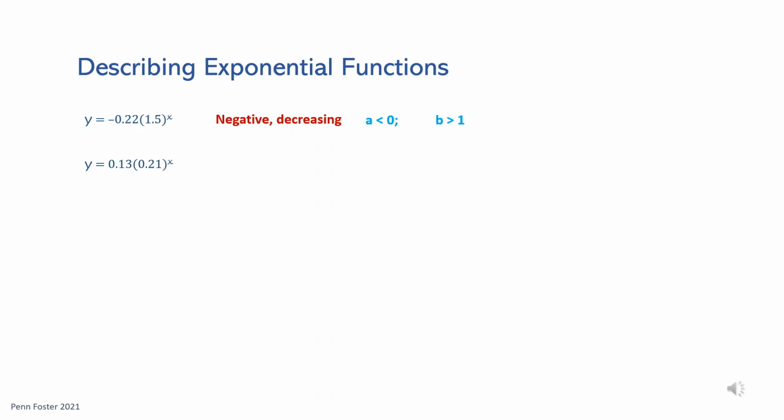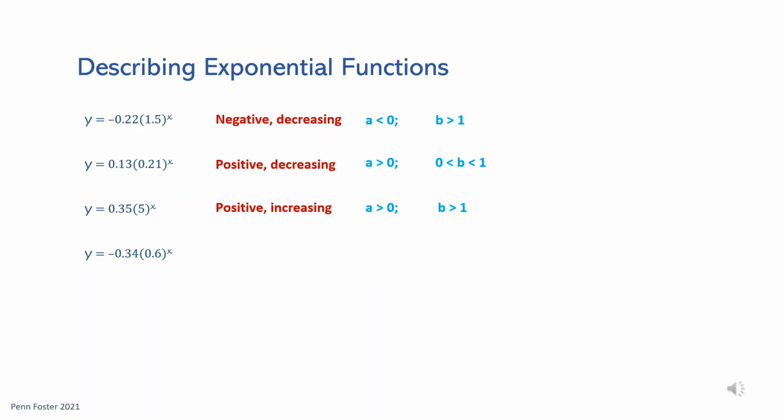It's also decreasing since b is a fraction between 0 and 1. This one here is also located above the x-axis but increasing since b is greater than 1. Finally, this function is definitely negative, but because b is between 0 and 1, the function is increasing.